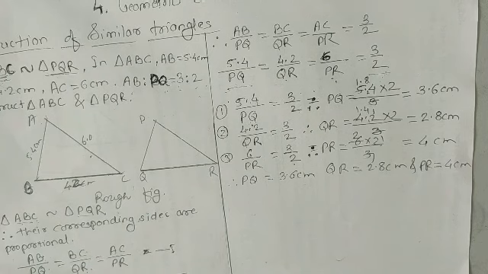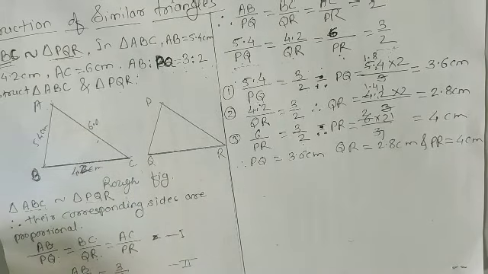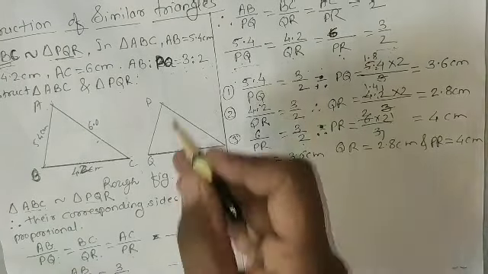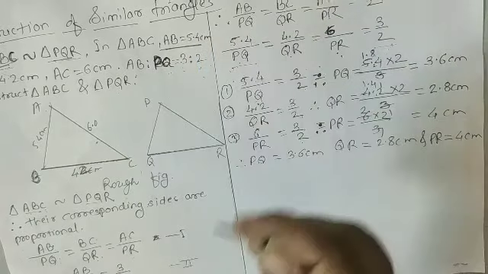So for that we have to take the scale. First we will draw the triangle ABC. So what is the measure of ABC? If you see here, in ABC, AB is equal to how much given? 5.4.